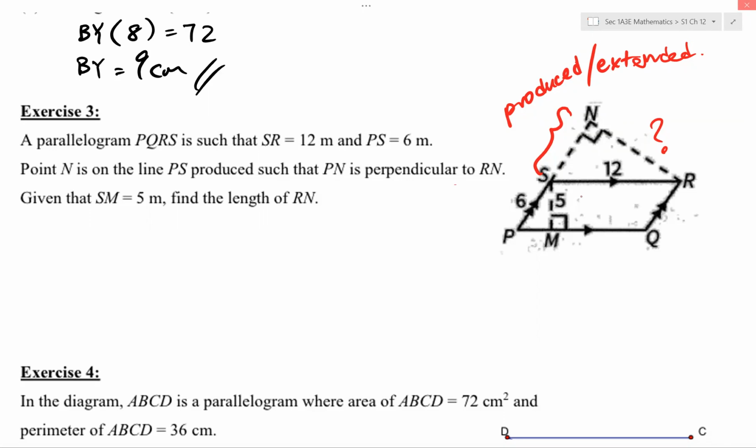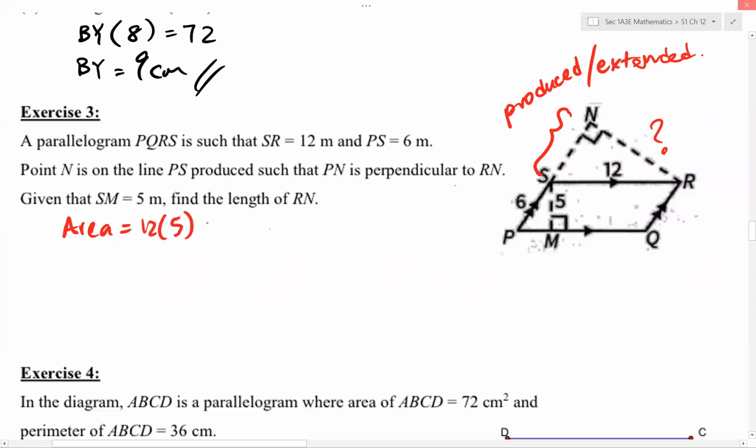The area of the parallelogram. Once you get the area, of course, using 12 and 5, area equals the base, 12 times 5, which is 60 square meters. Once I have the area, I can start to find our unknown distance NR using the base of PS. You see that if PS is the base, then RN or NR is our perpendicular height.